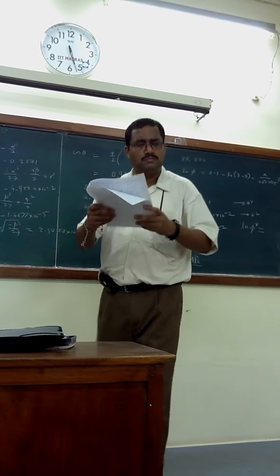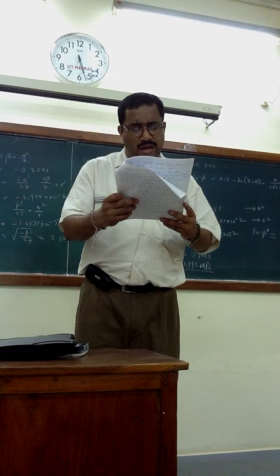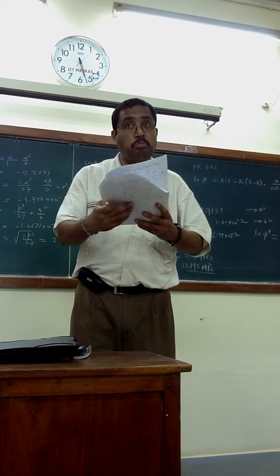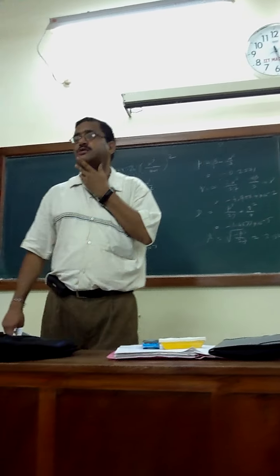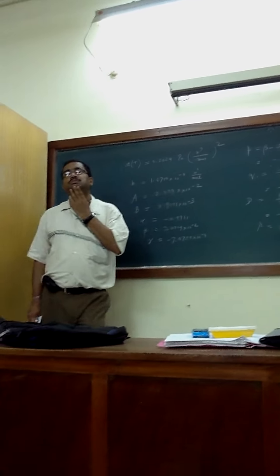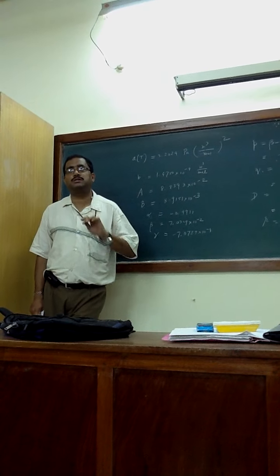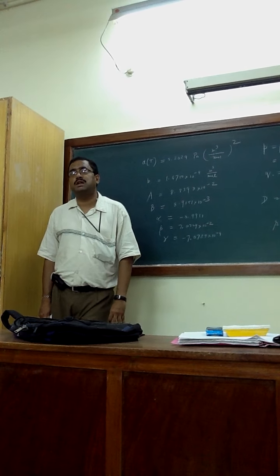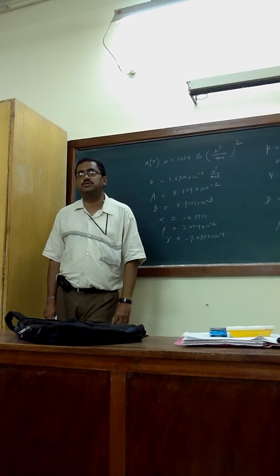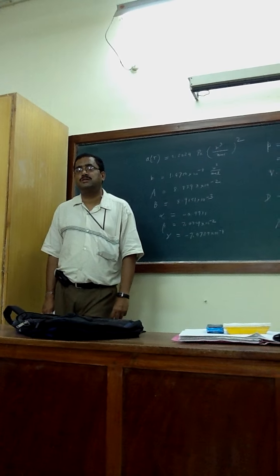Pardon? Minus 0.08, ln phi V, one answer. Minus 0.08, only two decimals? No other decimals? Minus 0.08206, right? That's what we are saying.